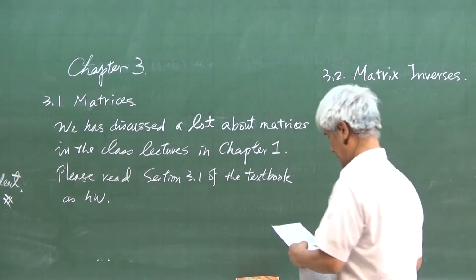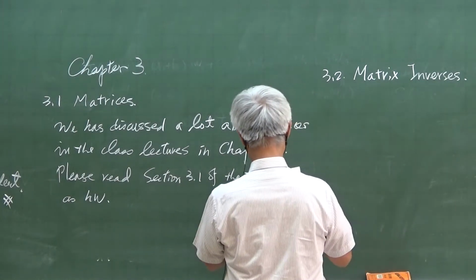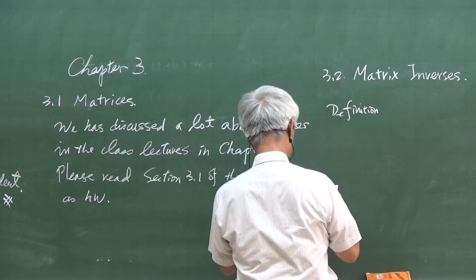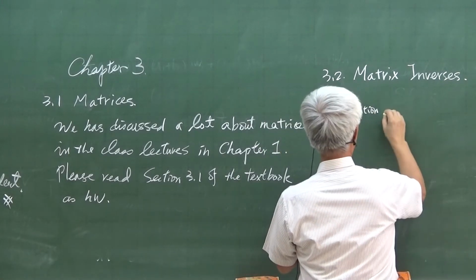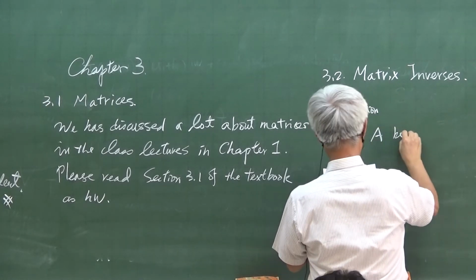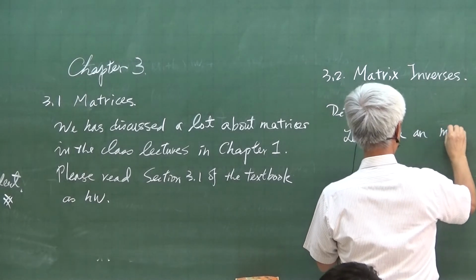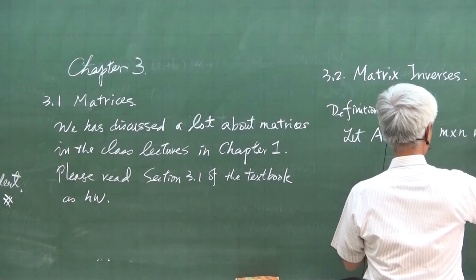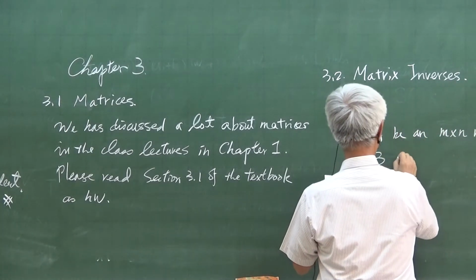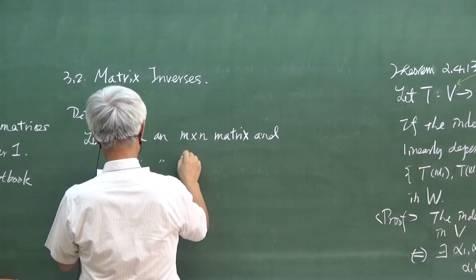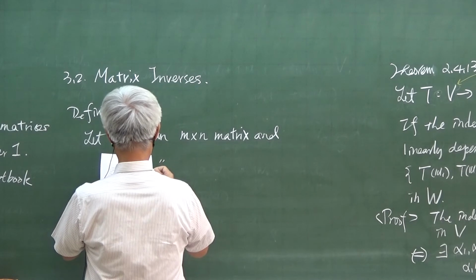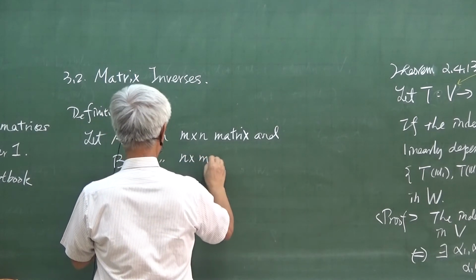All right. Okay, so first of all, let me give a definition about rectangular matrices. So let A be an m times n matrix, and B an n times m matrix.